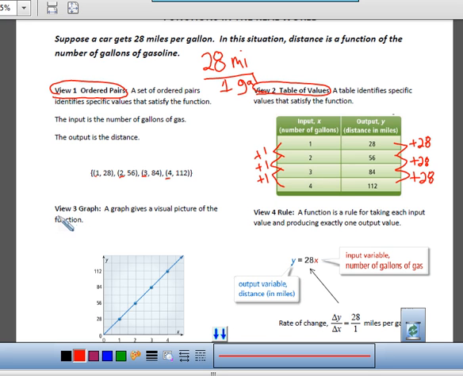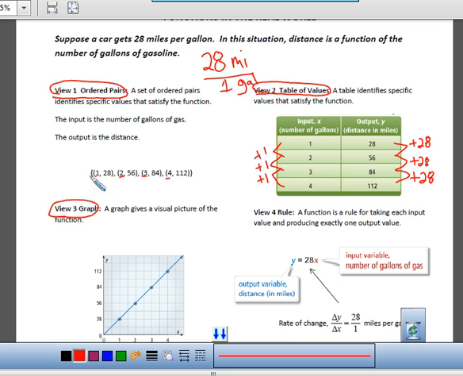View number 3 is a graph. A graph gives you a visual picture of the function. Now, it's very important with a graph that you understand whether or not you can connect the dots. And basically, you can connect the dots as long as there are values in between.